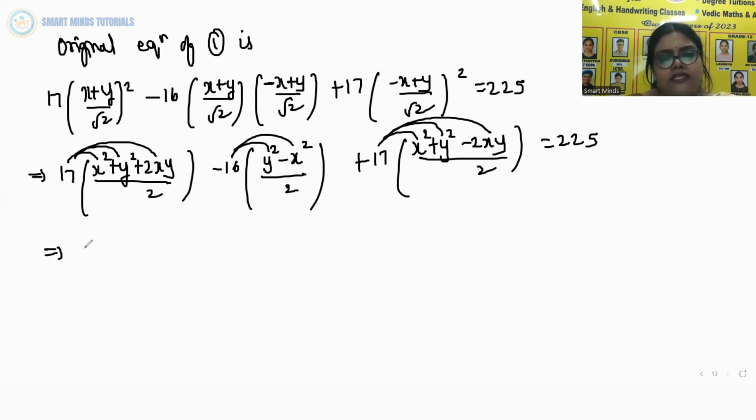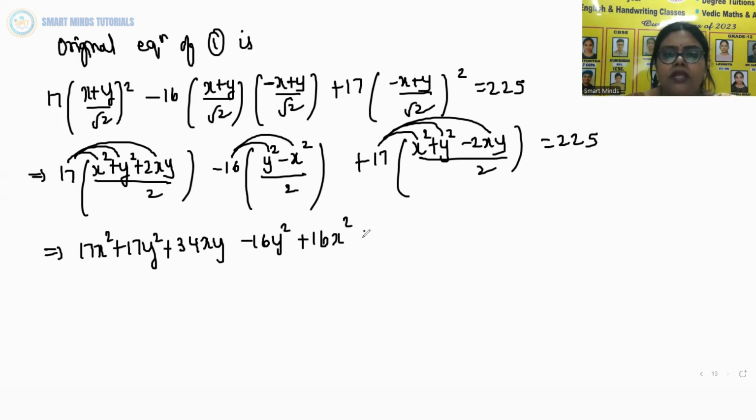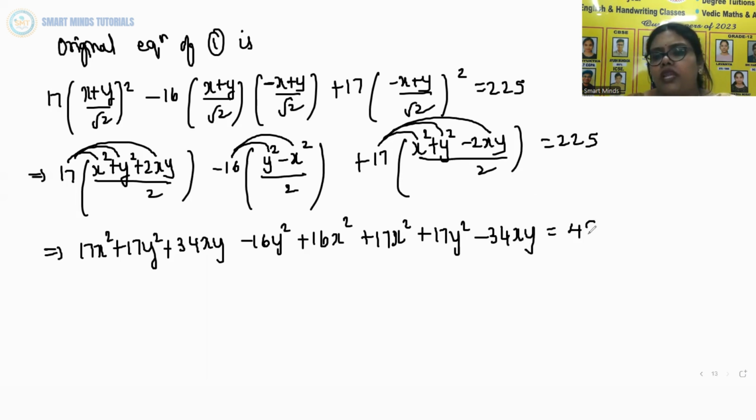So 17x square plus 17y square plus 34xy minus 16y square plus 16x square plus 17x square plus 17y square minus 34xy. Denominator 2 goes there and it becomes 450. 225 into 2 is 450.